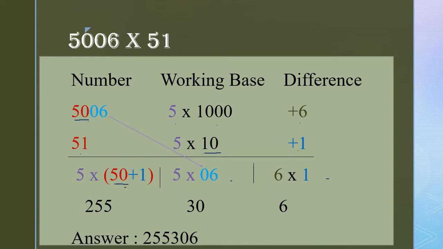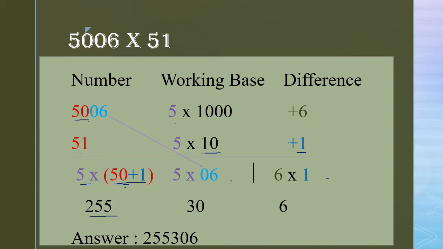Now we take the difference of the smaller number, which was 1. We add 50 and 1, which becomes 51. But this is not the result. Since we are taking the base as 5000 and not 1000, we need to multiply this part by the factor, which is 5. So 5 times 51 becomes 255. This is the first part.